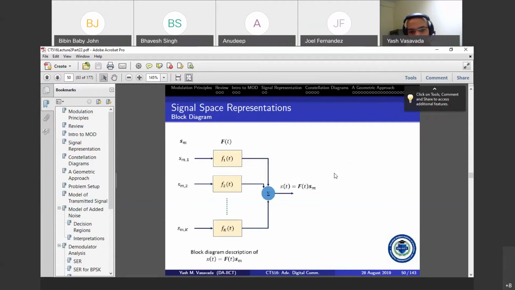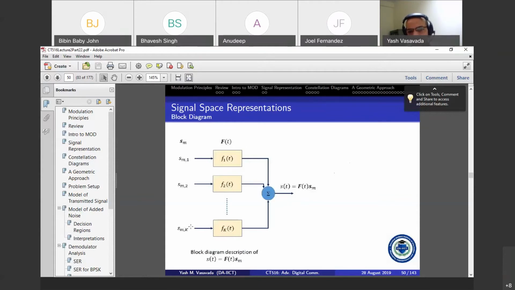So this is a way of looking at the synthesis of the transmitted symbol waveform: the linear superposition of these basis functions, and that linear superposition is weighted by the coordinates of the constellation symbol point along these K dimensions.